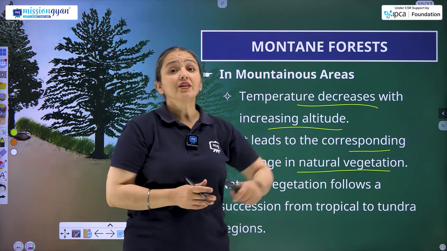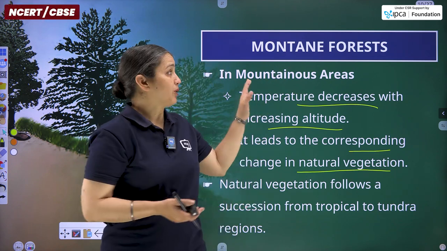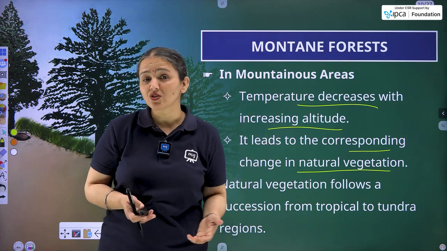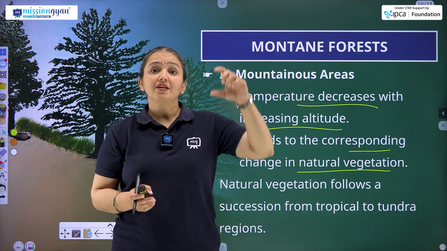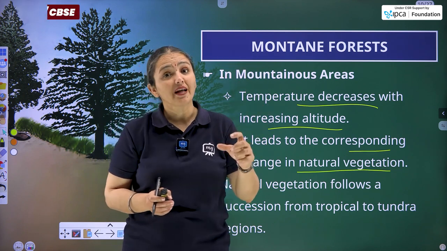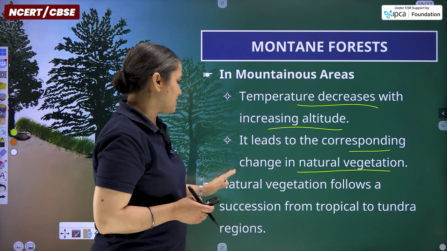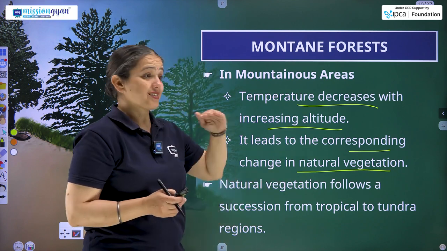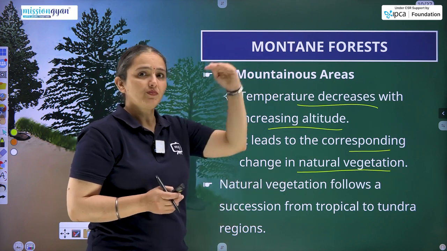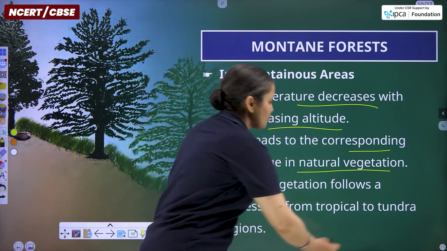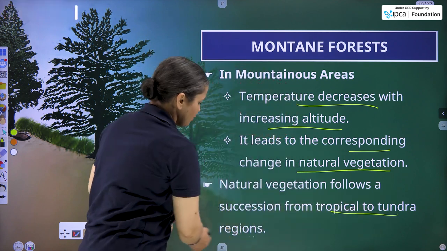It means that within the mountainous regions, the forests are divided according to their varying heights. Natural vegetation follows a succession from bottom to the upper part, from tropical to tundra region.